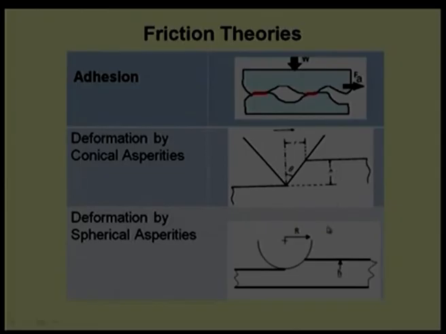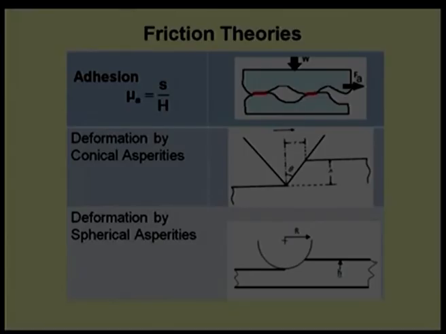In the second and third, it is a displacement of surface, displacement of material due to the asperities of the hard material. And we developed mathematical relations. For adhesion, we say it is a ratio of shear strength to hardness.